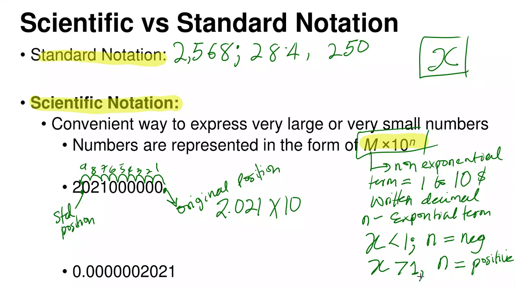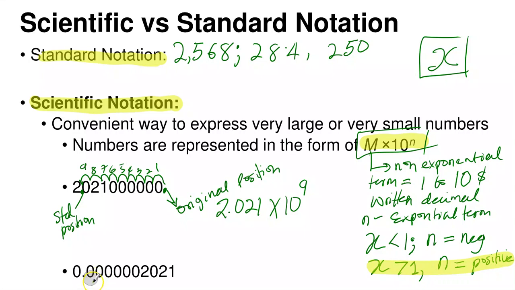If it is greater than 1, we said n is going to be, we counted to 9. So this is 2 times 10 raised to the power of 9. Here, n is 9, and it is positive.